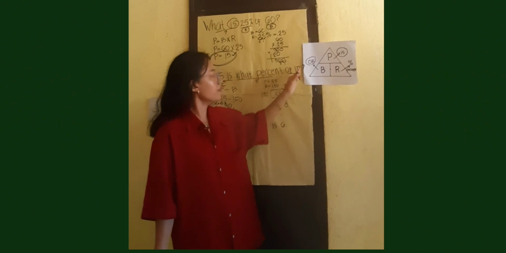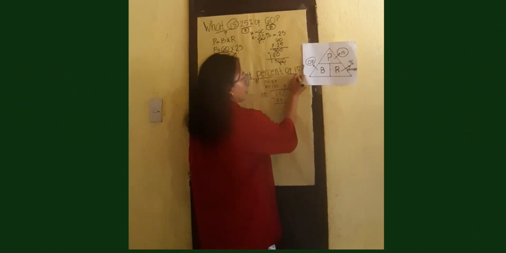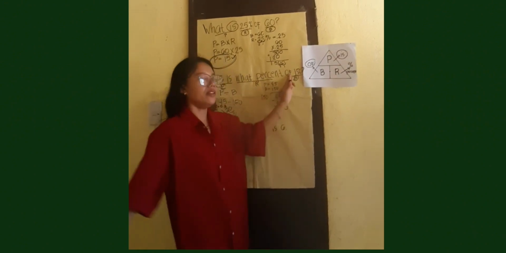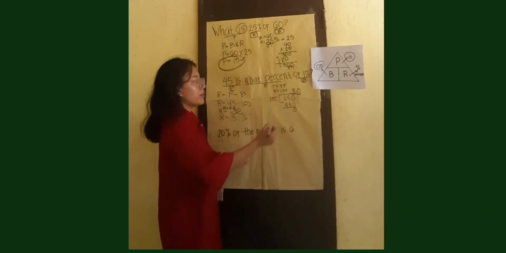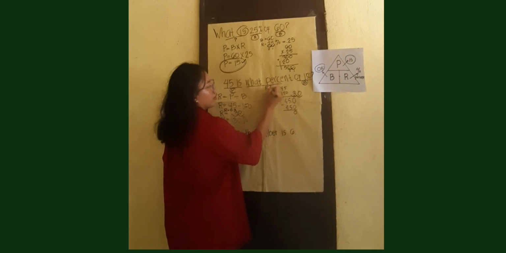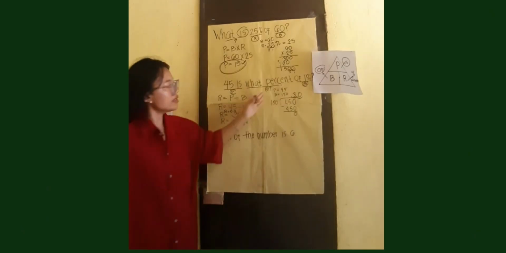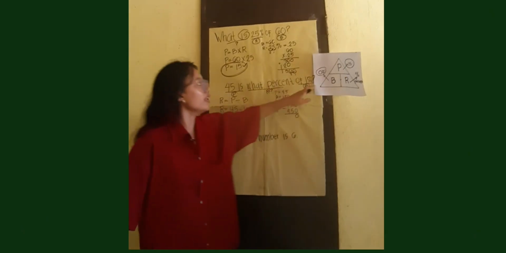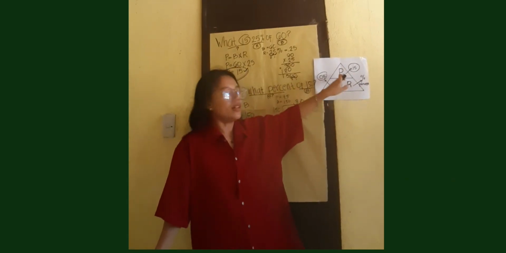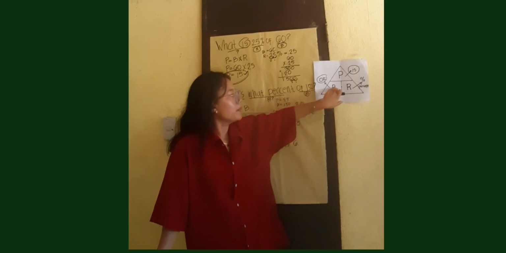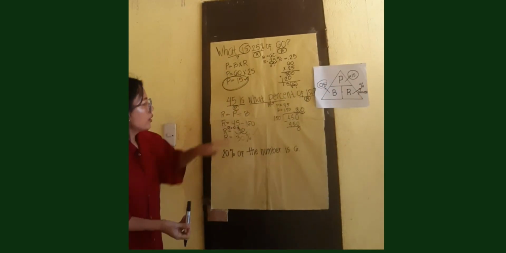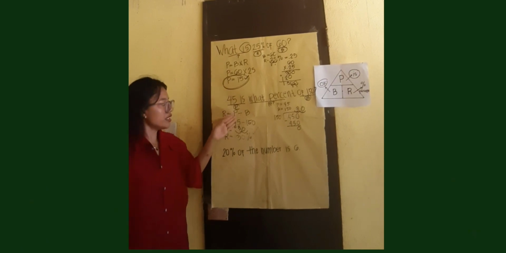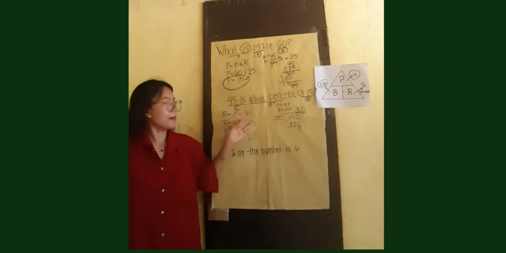So, of 150, so mao ni siya ang atong base, ang 150. So, what percent? So, the missing term is the rate. So, the formula that we're going to use is rate equals P divided by B. So, rate equals percentage divided by base.